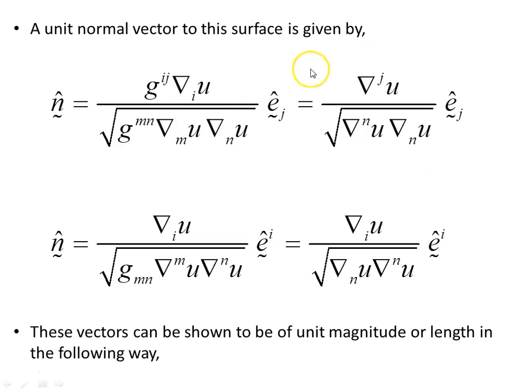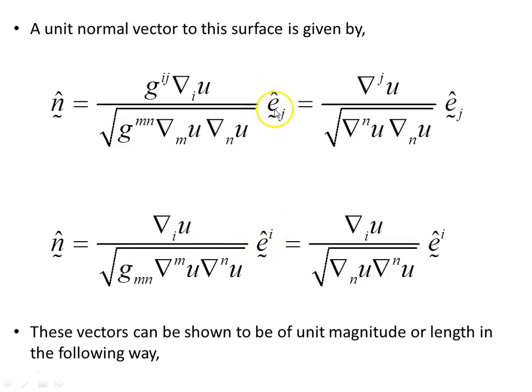Alright, so the unit normal to this surface is given by n hat, this object here, whereas this is an orthonormal basis vector. Now we can use the inverse metric g^ij to raise this index, and we get del^j u, or we could write it as del_i u, and use the contravariant basis vectors.